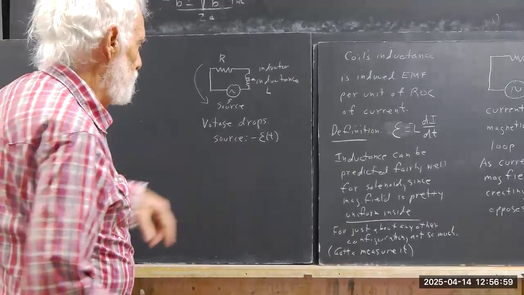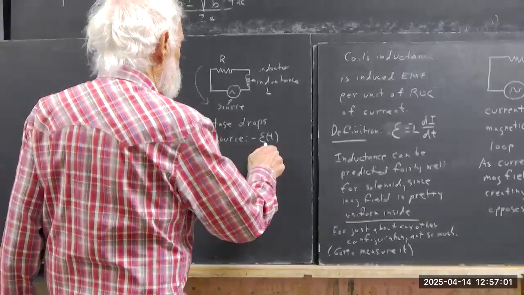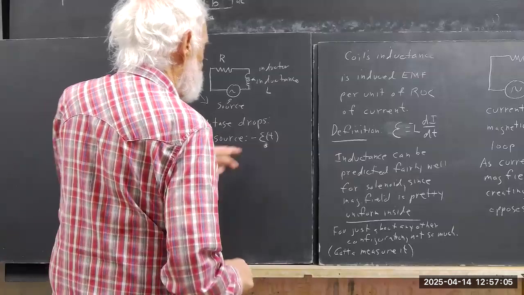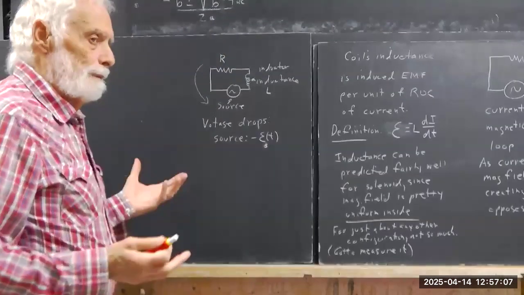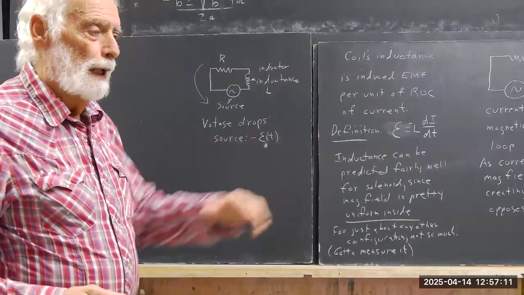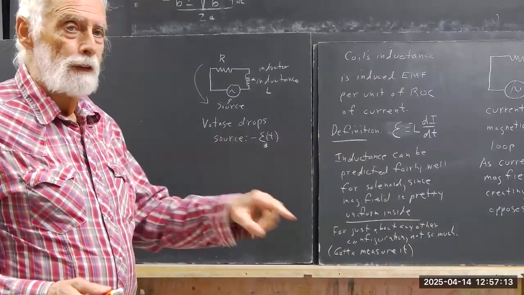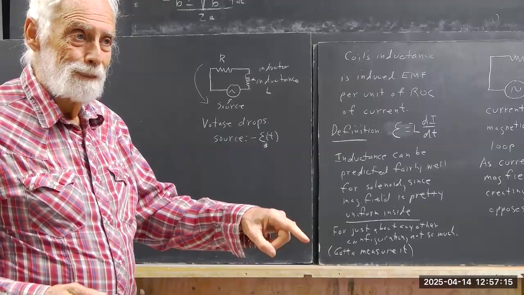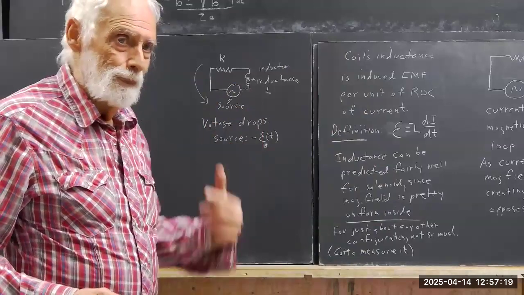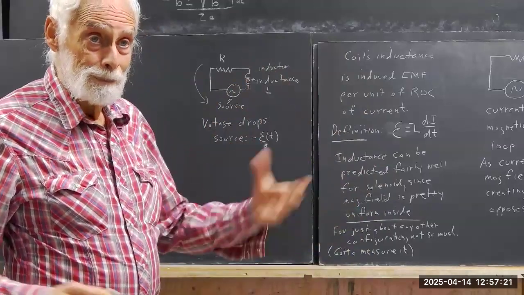The source is going to be minus the EMF of the source. Okay. Just like when you go across a battery, you go from negative to positive, then you're going to have voltage drops across the resistors.